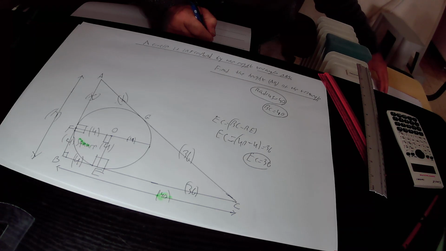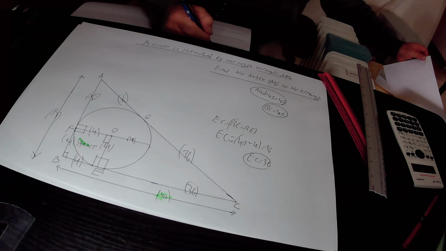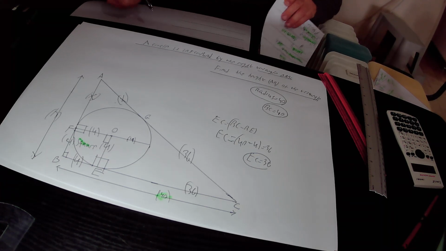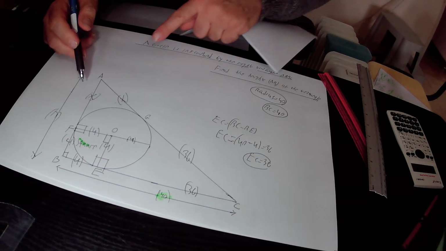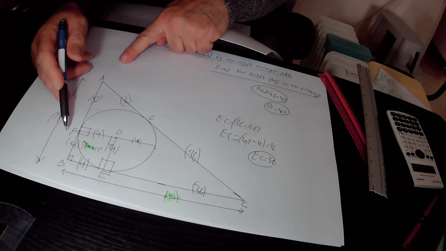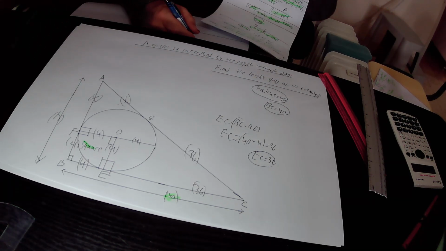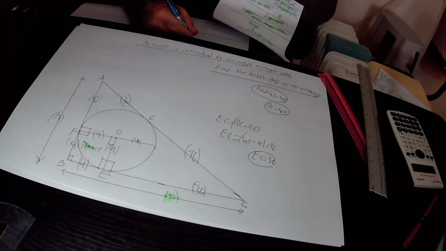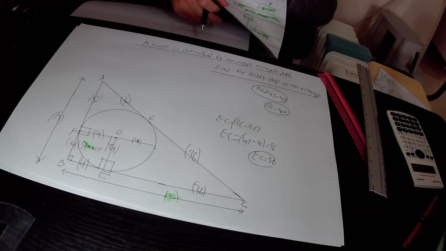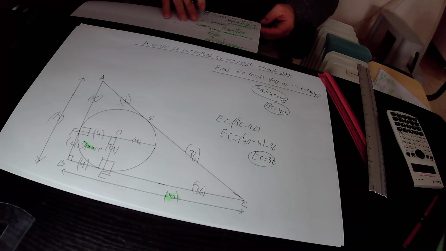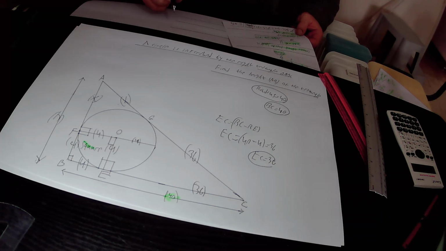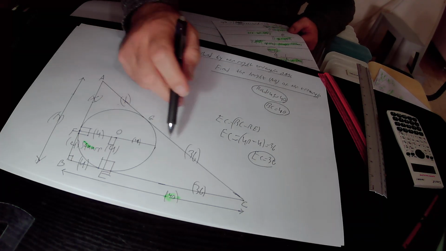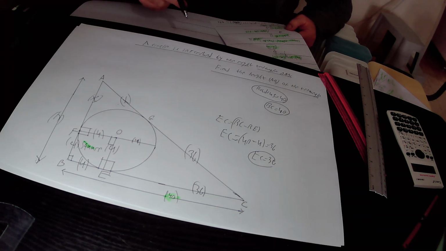It equals AB squared; AB equals x plus 4, therefore AB squared is (x plus 4) squared. Plus BC squared. BC is 40, therefore BC squared is 1600.